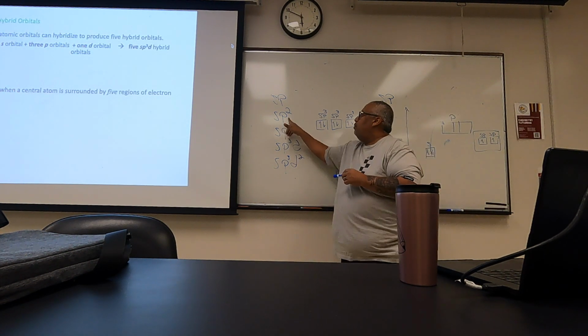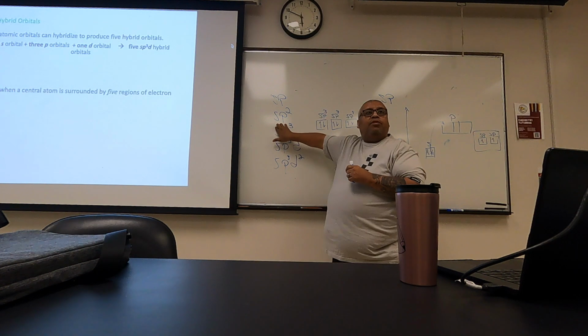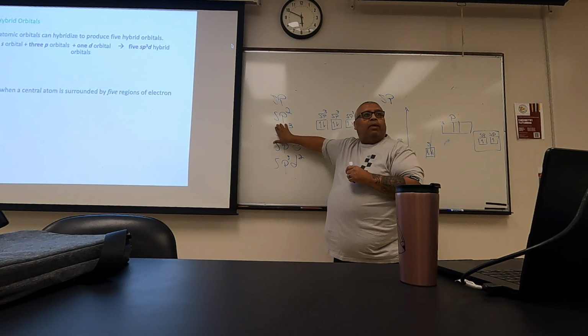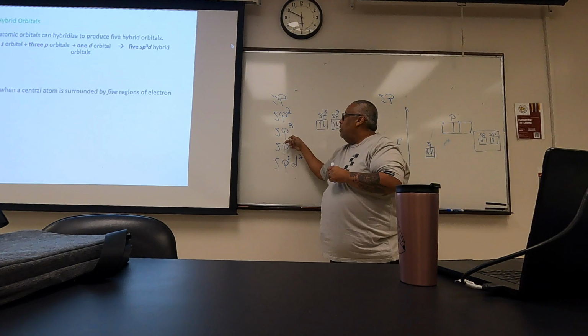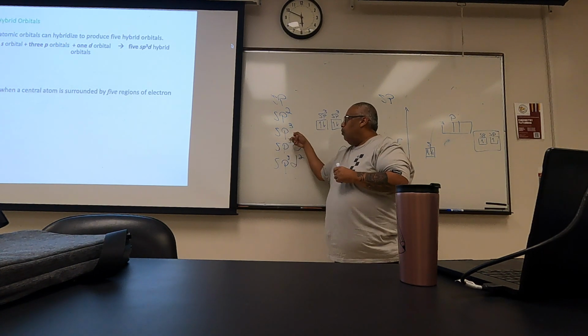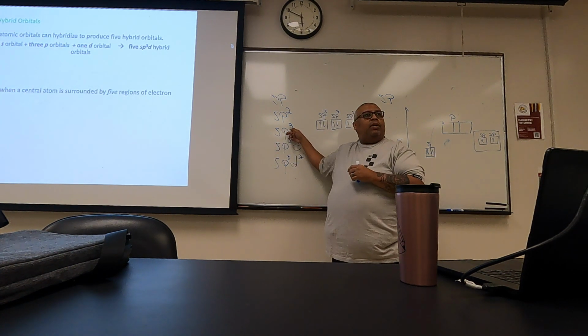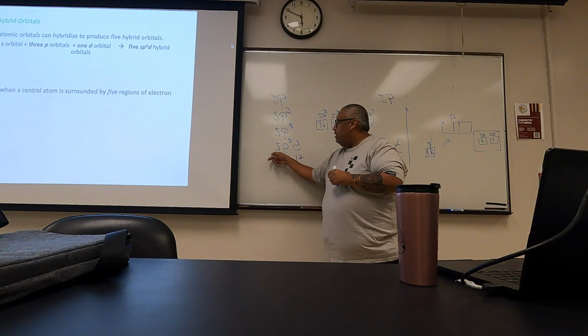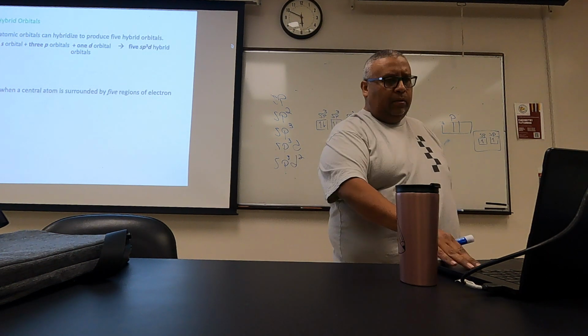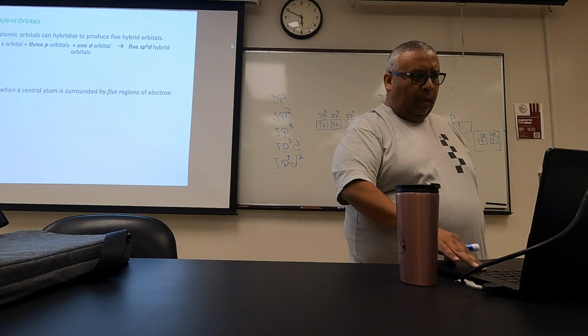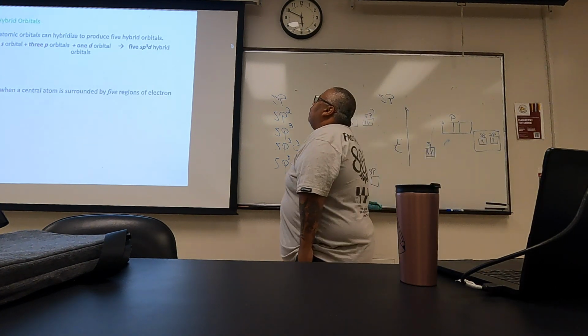If we have sp2, we're going to need 3 orbitals that are going to be hybridized, and one of the 4 is going to be unhybridized, that p orbital. Here, sp3 gives us 4 orbitals, none of which are unhybridized. Here we still have those 4 hybridized orbitals, but now we're bringing in some d orbital.